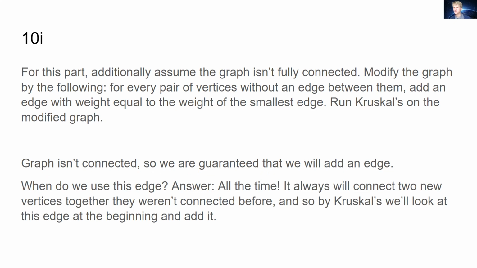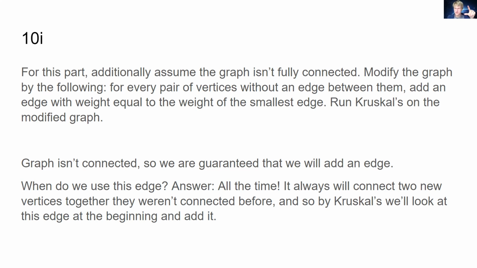And because of the way Kruskal's works, we're going to look at the edges in order of their weight. So that is going to be one of the first edges we look at. The only way in which Kruskal's won't add that edge to the MST is if those two vertices were already connected together. But remember, all the edge weights are distinct, so there was only one edge before that had this weight, and that edge didn't connect those two vertices together.